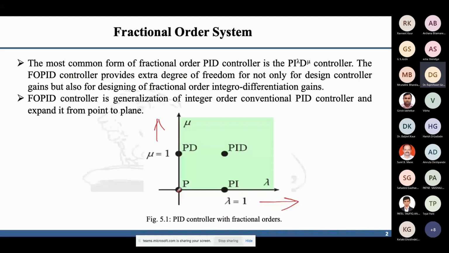If lambda is 0 and mu is 1 in this structure, then it becomes PD. If lambda and mu both are 1, then it becomes PID. If mu is 0 and lambda is 1 on the x-axis, then it becomes PI, right? You can see that.